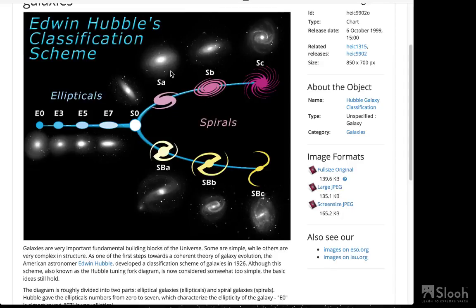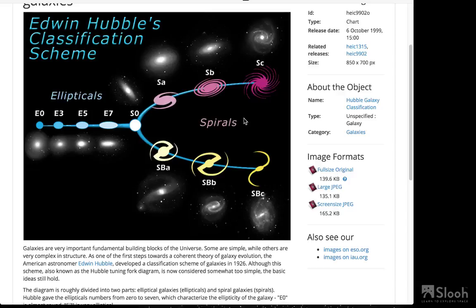An SA galaxy would have probably just 2 major spiral arms, but they're a little bit thicker and harder to make out. An SB galaxy, you really start to see more of a spiral structure with some thinner but more quantity of spiral arms. And then an SC galaxy, you see very thin spiral arms, a lot of them, and they really start to branch out away from the bulge.